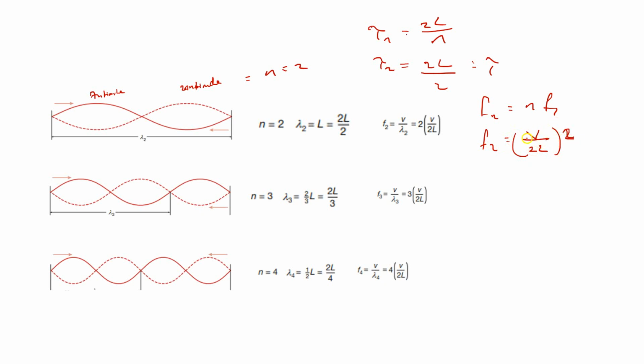The 2 would cancel out, leaving us to say that the frequency of this wave would be the speed divided by L, where L is the length of the string. Comprende? And we could continue this with several other things, to find out when n is equal to 3, what would be the wavelength, all of that kind of thing.